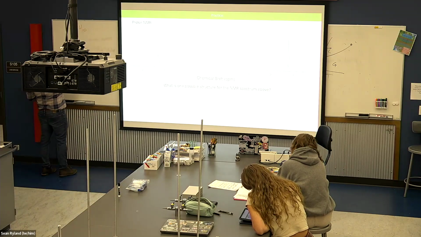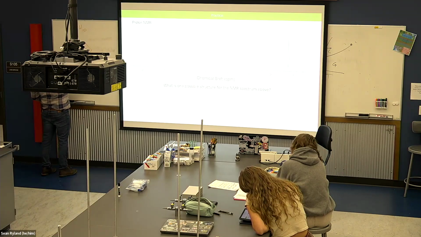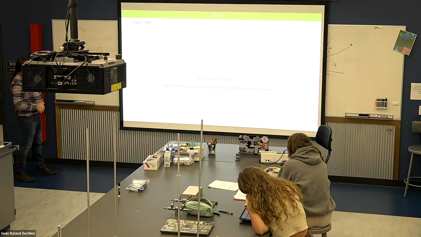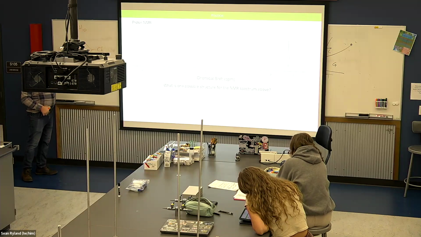So for instance, if I had something that looked like this, there's a lot of symmetry there, right? Really, those two hydrogens are going to be the same signal, and those two hydrogens are going to be the same signal. And they're going to be pretty separated because you've got something electronegative on one side.